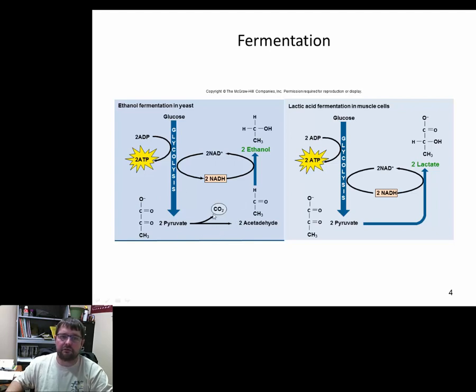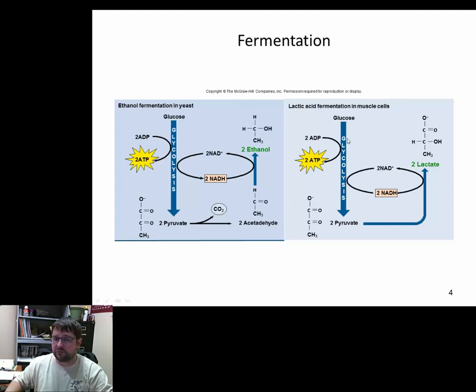In the case of fermentation by yeast and plants, carbon dioxide is going to be released, and acetaldehyde will be formed, and then the acetaldehyde will pick up the hydrogen and electron from the NADH that was formed during glycolysis to form ethanol.